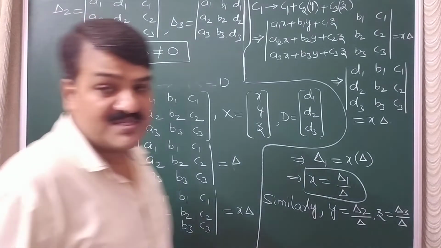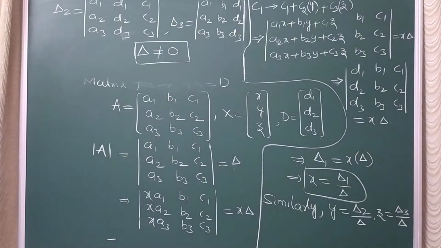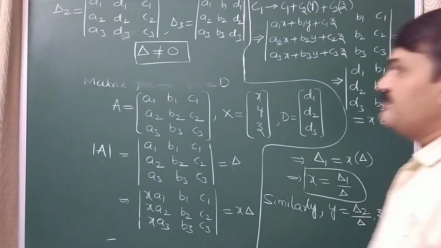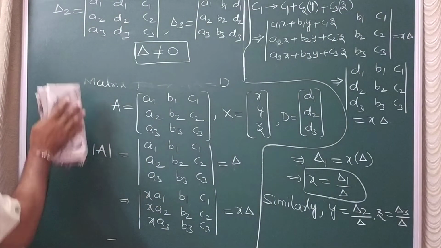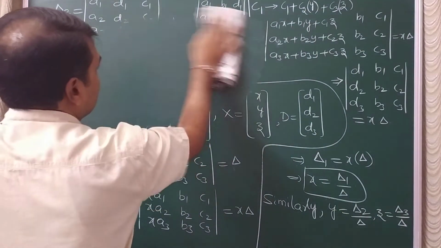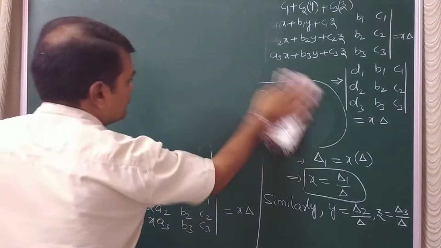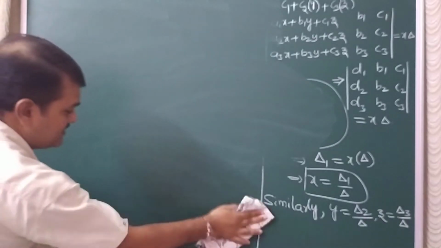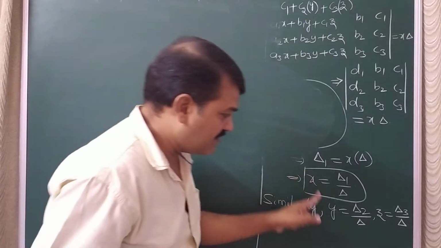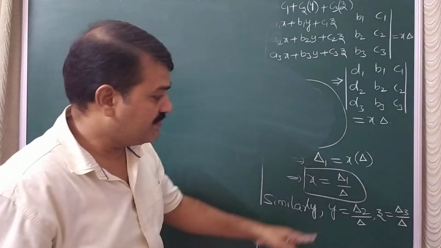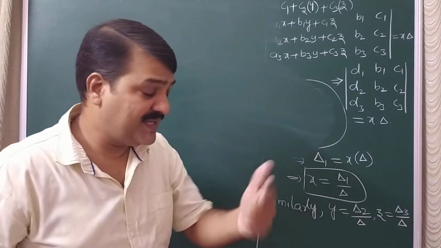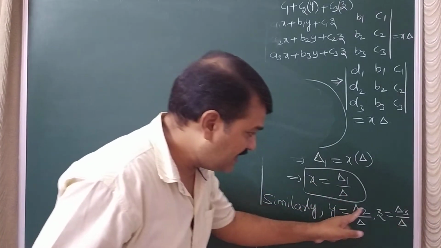Now let us do a simple problem. I will take a simple problem. We will try to solve it using Cramer's rule. So Cramer's rule means basically you have to remember this formula. You have to remember what is delta, that is det A, and how you are going to get delta 1, delta 2, delta 3.